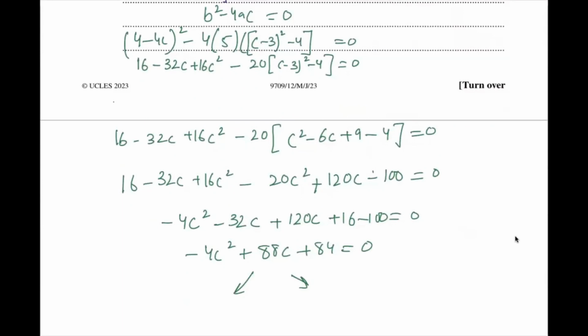So minus 4c square, 88. This should be minus 84.